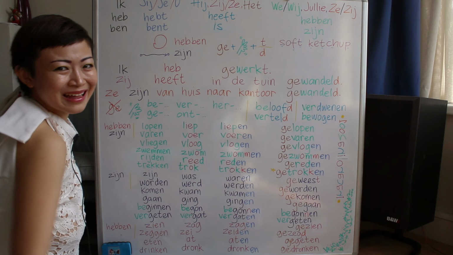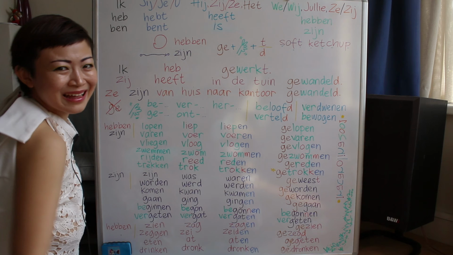Bent is zijn. It means was or were, because this is are. Worden, werd, werden, geworden, become. Become also works always with zijn, or ben, bent, is.